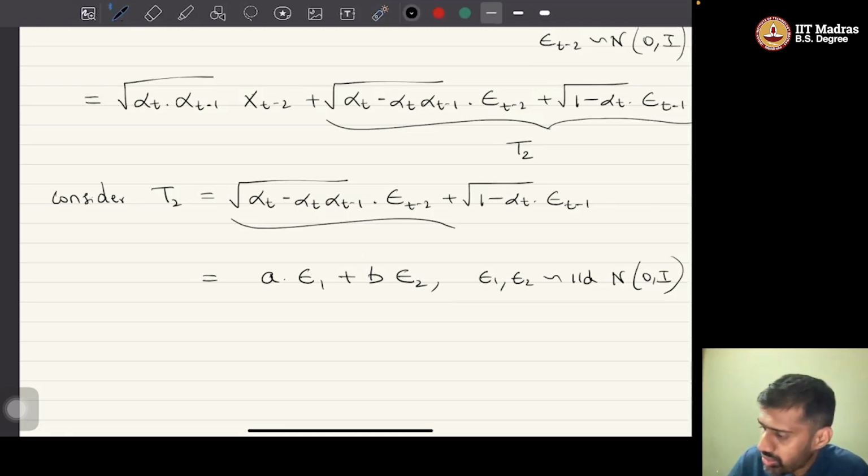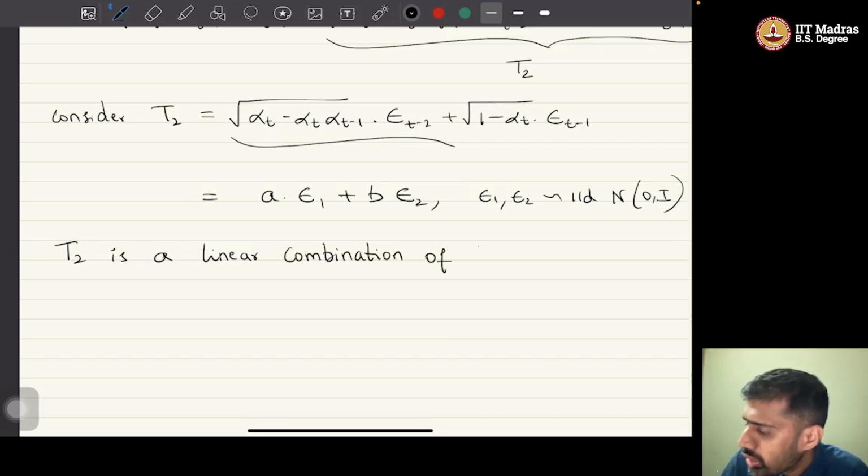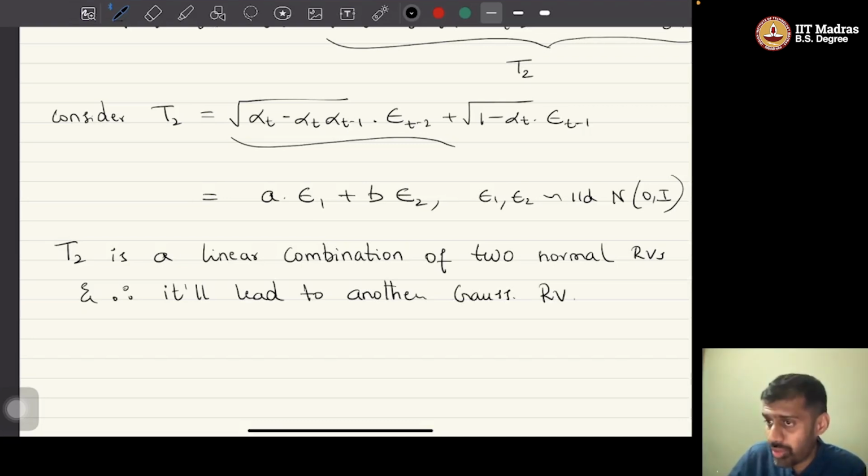So what we can show is that T2 is a linear combination of two normal random variables, and therefore it will lead to another Gaussian random variable with the following properties. Please verify this.